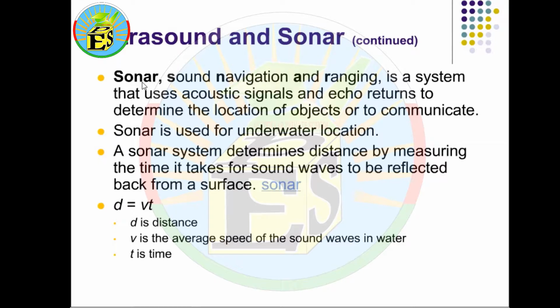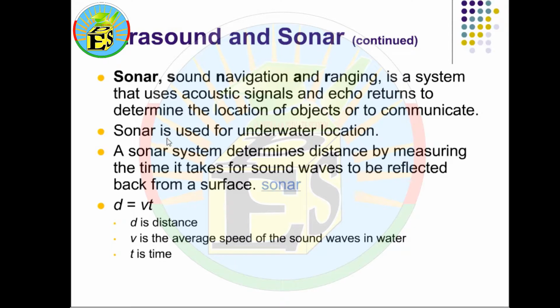Sonar, sound navigation and ranging, is a system that uses acoustic signals and echo returns to determine the locations of objects or to communicate. We use this when we are sailing in a ship because it gives me information about the bottom of the sea or ocean.